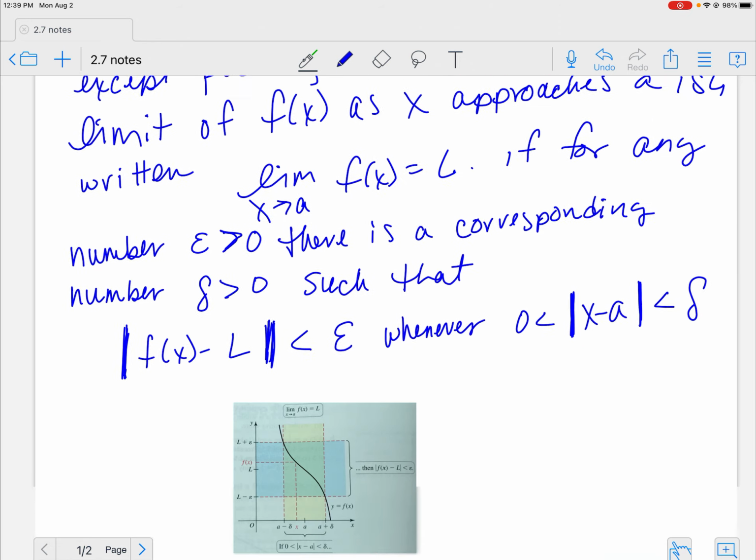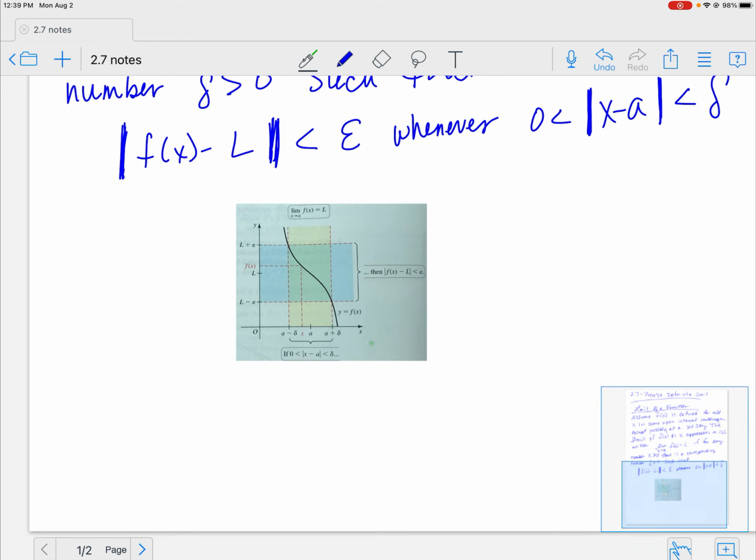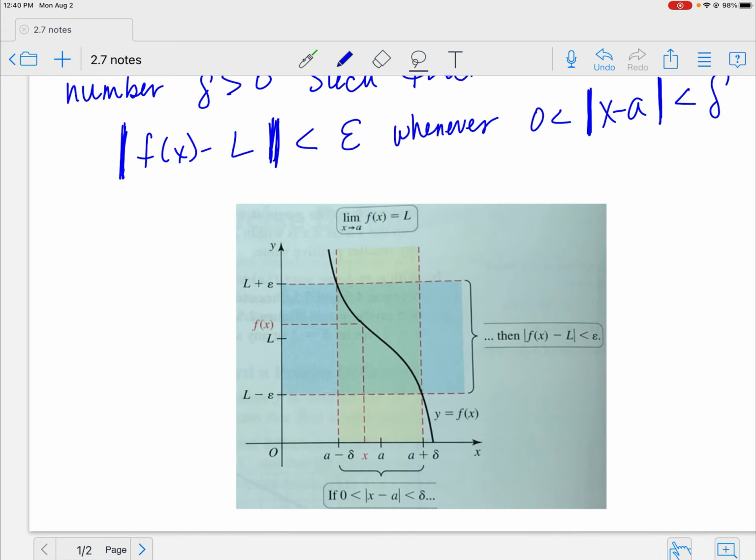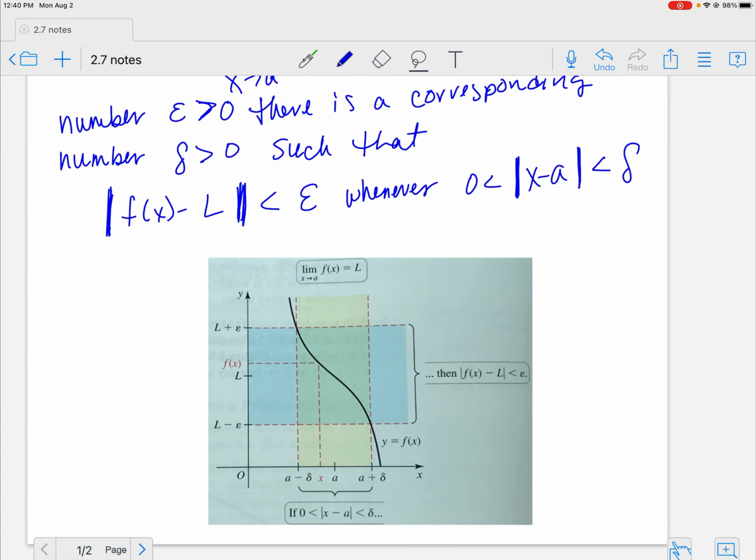Now, here's the moral of this story. When I'm looking at this, f of x and L are the output values. Epsilon deals with those output values. That means epsilon is the y correspondence, where delta goes with my x. So what this says is I have some limit.